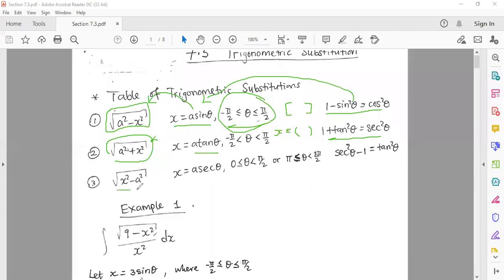And then finally, you get something like square root of x squared minus a squared. This is a tricky one where people tend to forget what is happening. This one is a sec. So x equals a sec theta. Now take note of the two intervals here. Theta lies between 0 and pi over 2, or theta can lie between pi and 3 pi over 2.